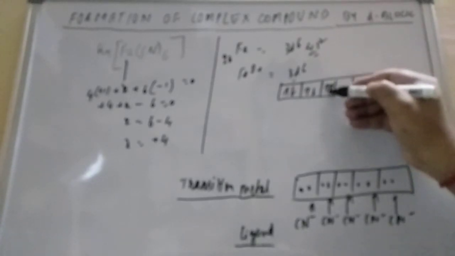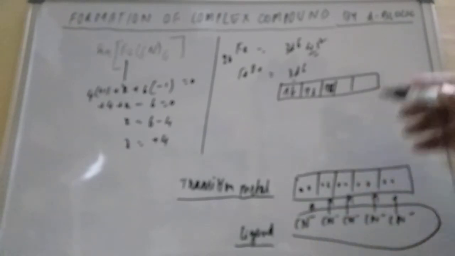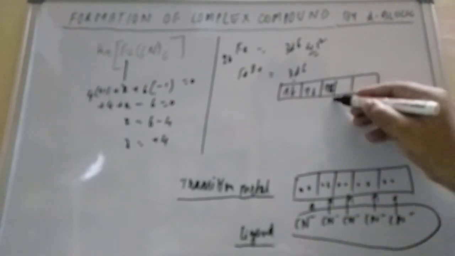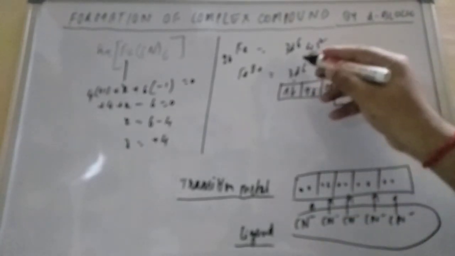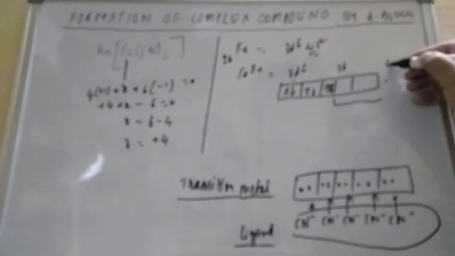I paired them because CN is a strong ligand, which we will study in the next chapter. So the d orbitals are vacant. After 3p comes 3d, then 4s and 4p are also there.